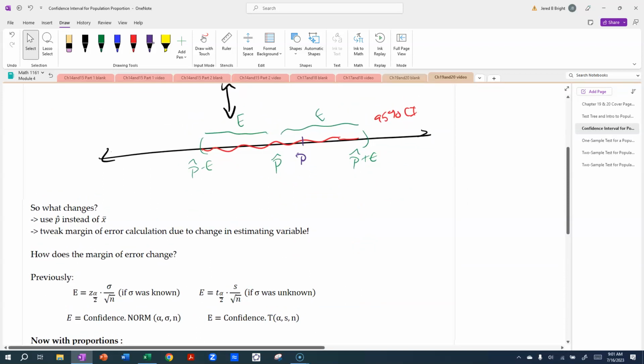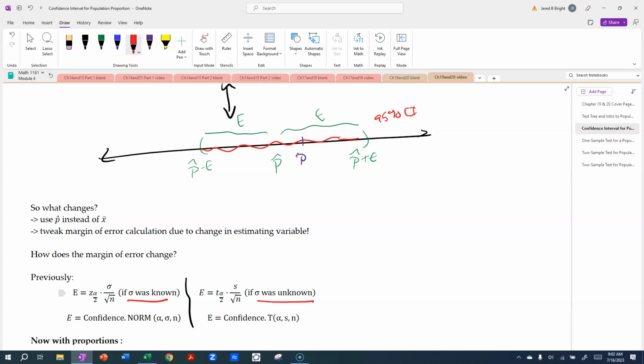We'll mention more on exactly why we have to change it in the next video when we talk about tests of significance. It's easier to talk about it there. So previously this is how we calculated a margin of error, right? The big differentiator here was whether sigma was known or unknown, and then we had different calculations.